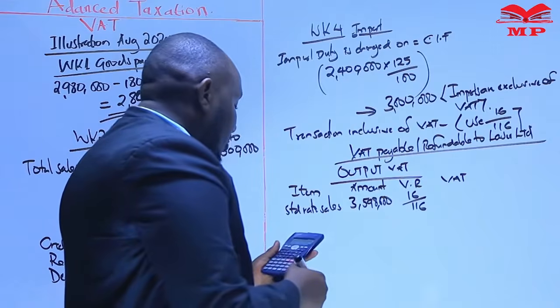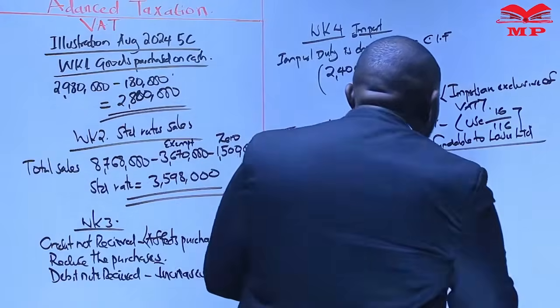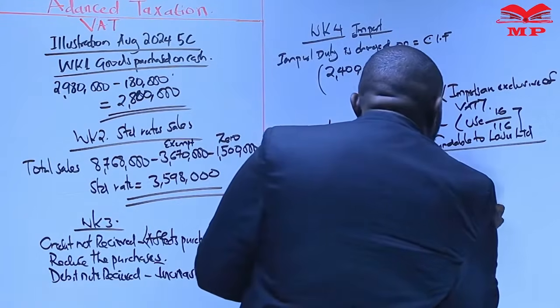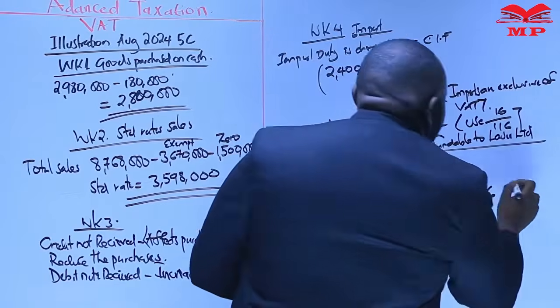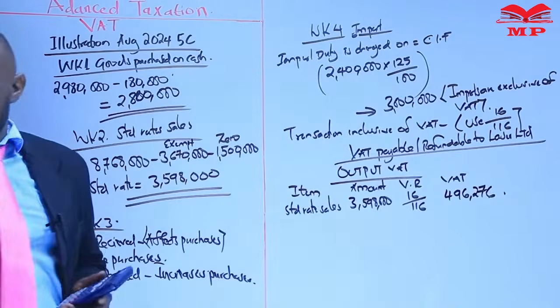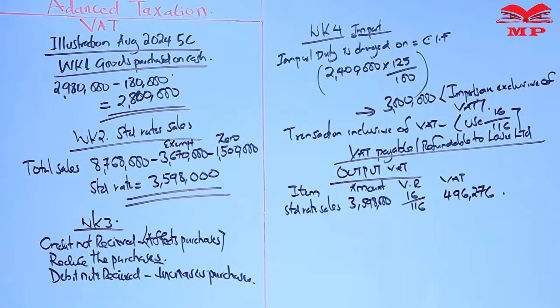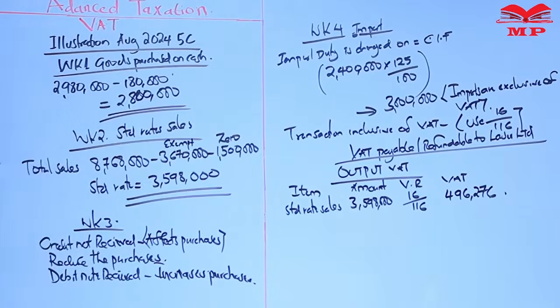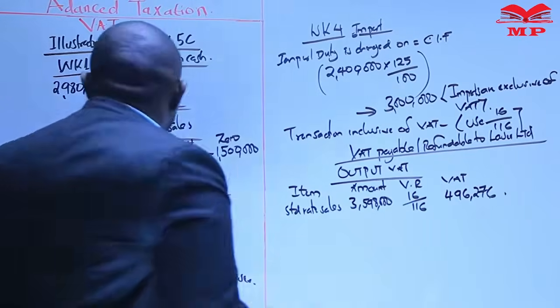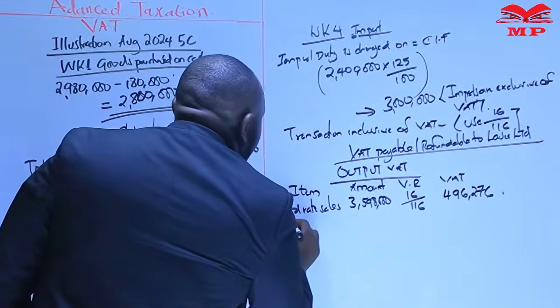So the figure that we have for that should be 496,276. That is for the standard rate sales, a figure of 496,276.